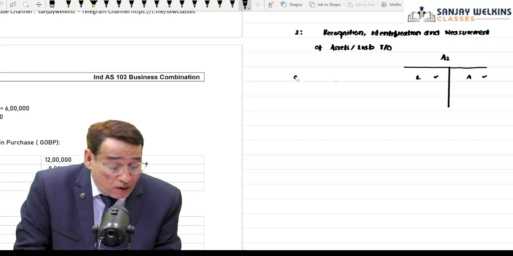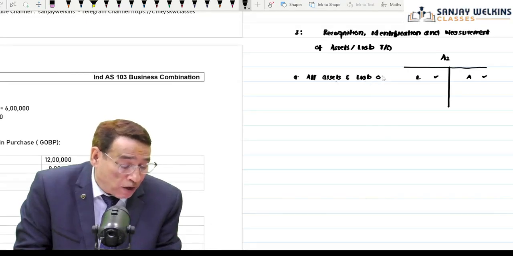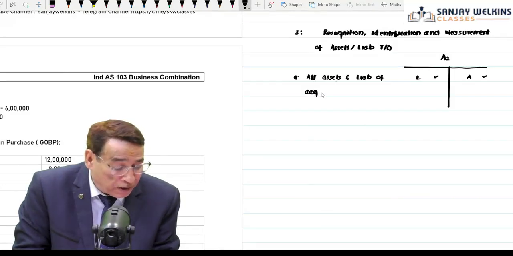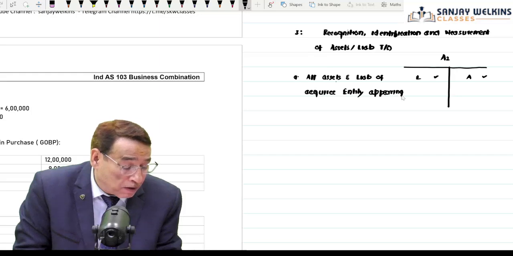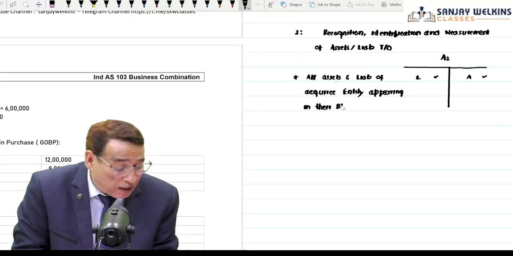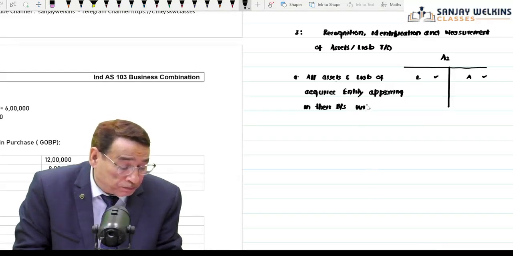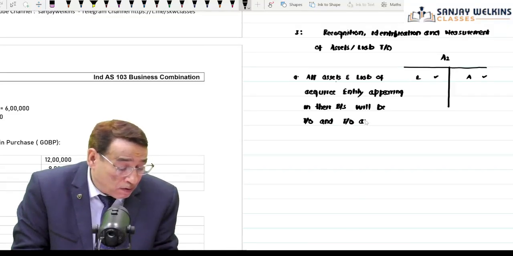So all assets and liabilities of the acquiring entity, appearing in their balance sheet, will be taken over at fair value.